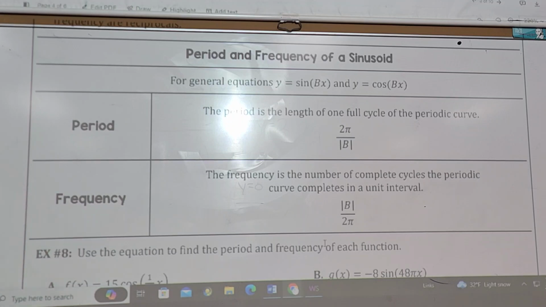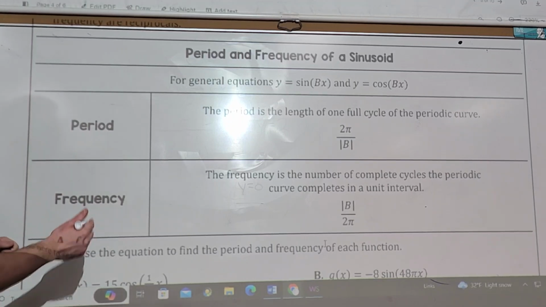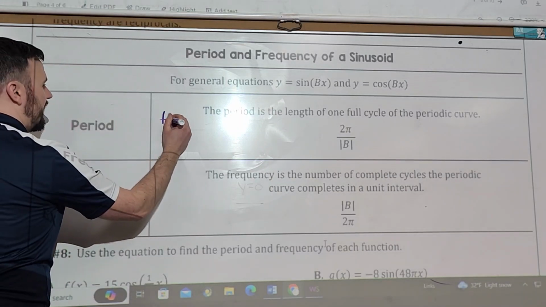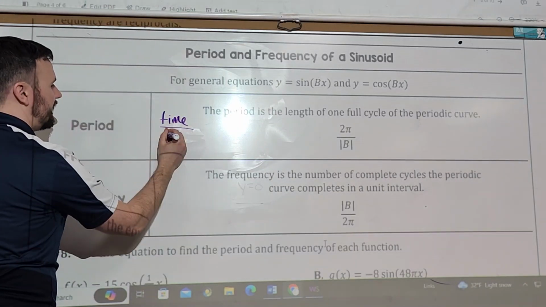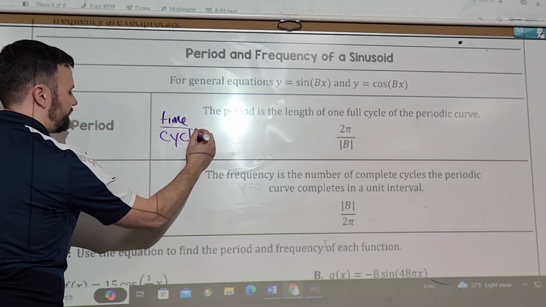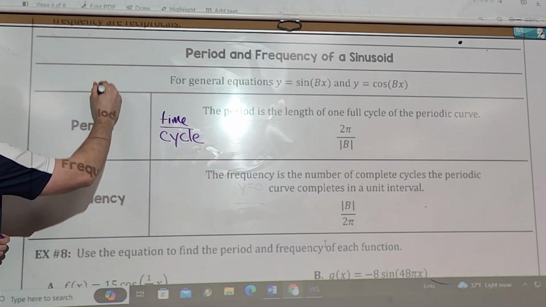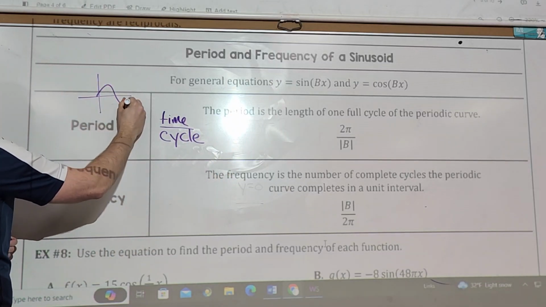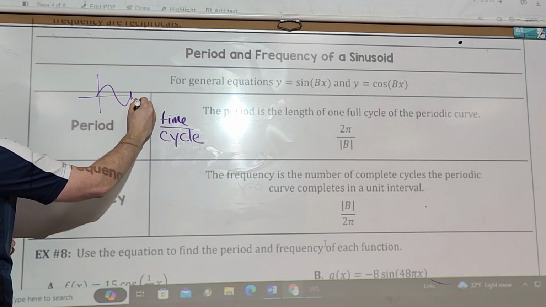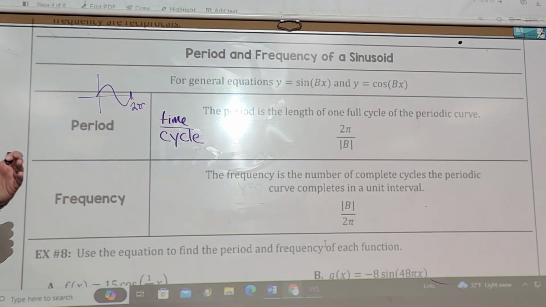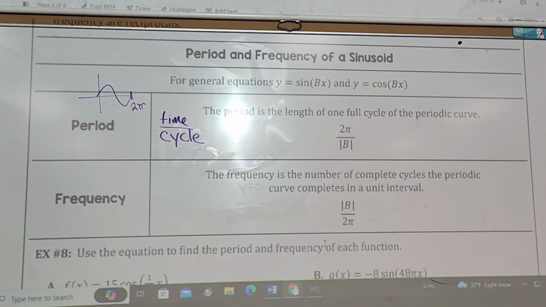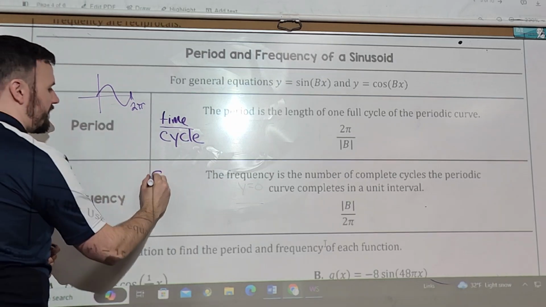Frequency is a new term. Frequency and period are two different things. Think about period as how long it takes for one cycle of your graph. If my period is 2 pi, it tells me that it takes 2 pi for one cycle, for it to go up and down and up all around. Frequency is cycles over time.